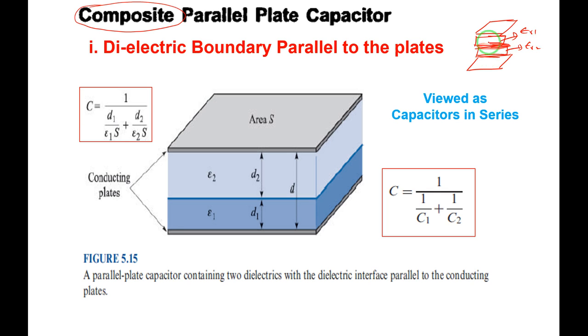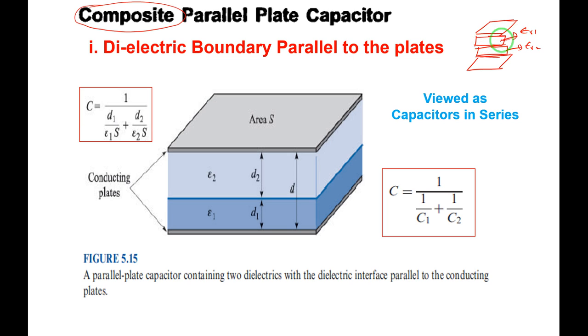I may have a third piece also, right? So if there is more than one kind of dielectric material between the two plates, then I will call it a composite parallel plate capacitor, because the dielectric material is not uniform. They vary in their relative permittivities, right? I hope you are getting what is the meaning of composite. Composite means the dielectric material is not uniform. It is made up of different relative permittivity.